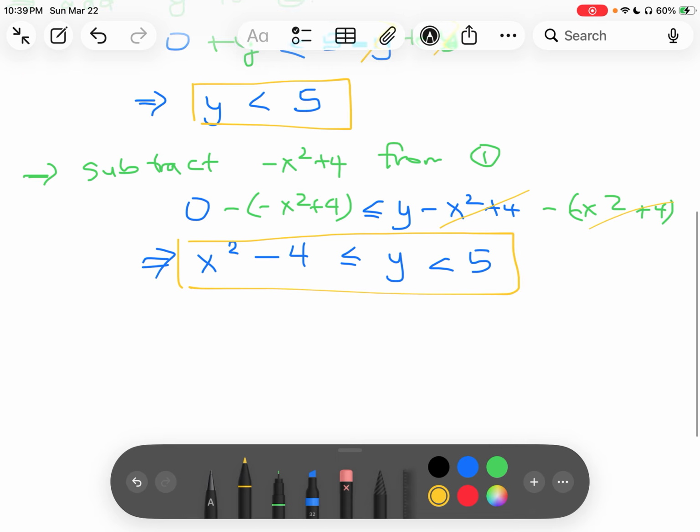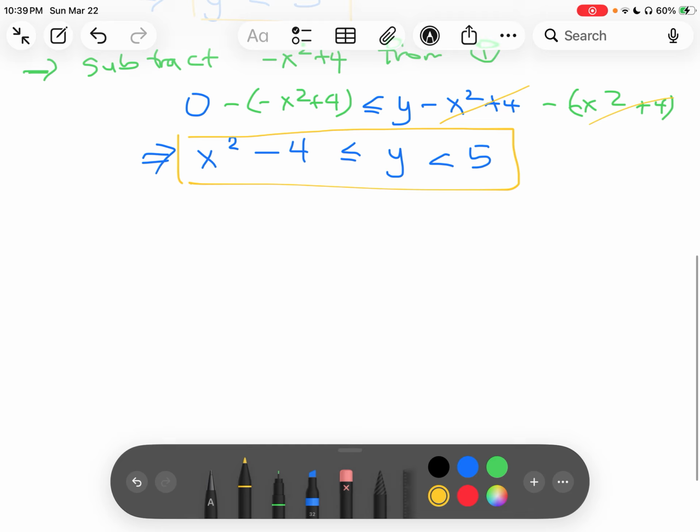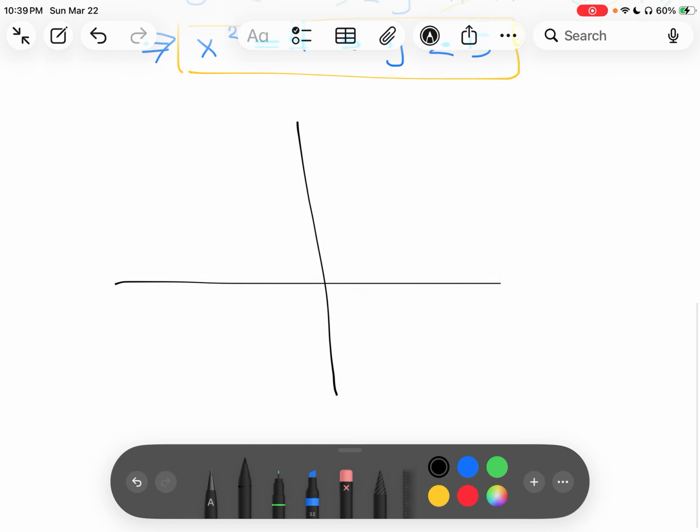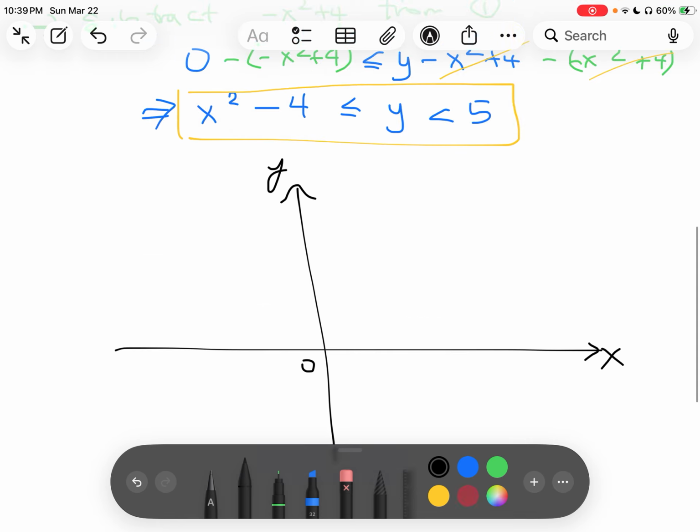So first of all, we know how the x squared minus 4 function looks like on the xy plane. So I'm going to draw the xy plane. X, y, here is 0. Okay. We know that the x squared function is a parabola, and it looks like this. So x squared minus 4, we just shift down 4 units.